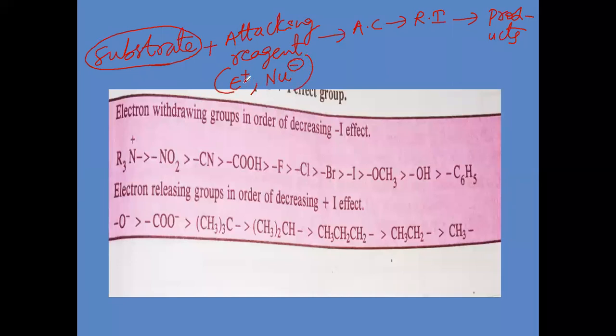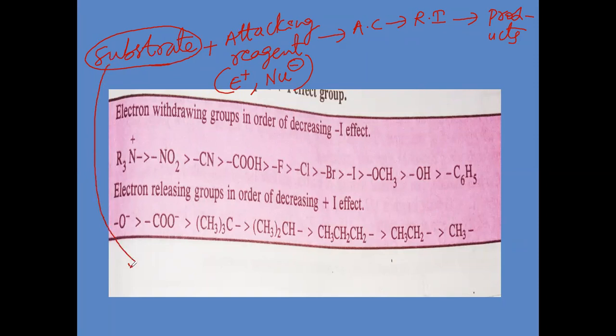E plus means electrophile, Nu minus means nucleophile. The electrophile is electron deficient and the nucleophile is electron rich. Which type of attacking reagent attacks the substrate will be decided by the electronic displacement.